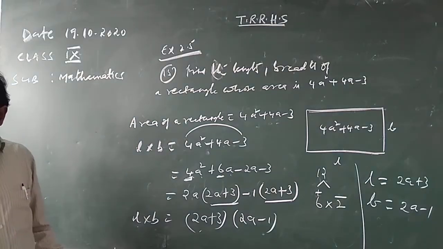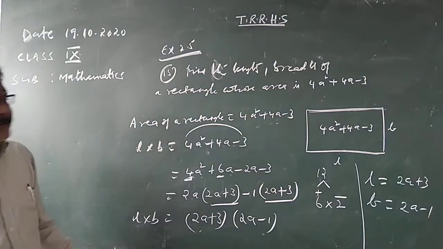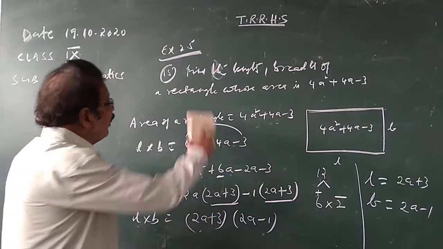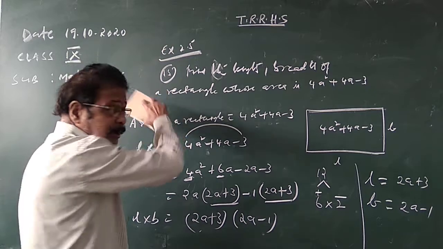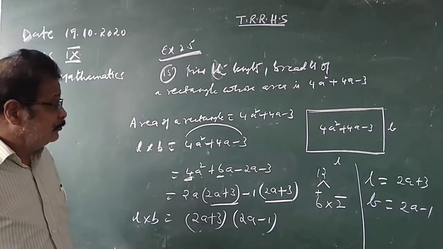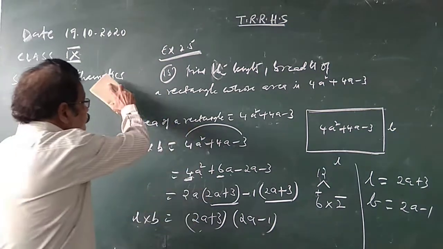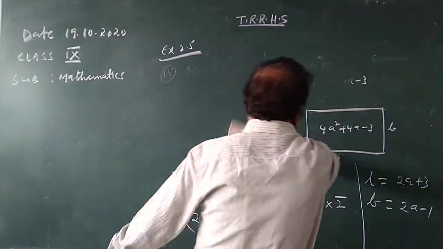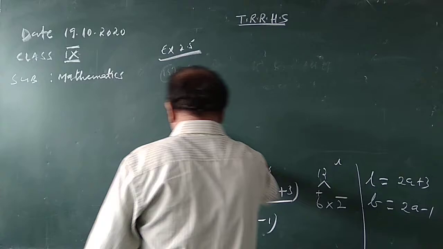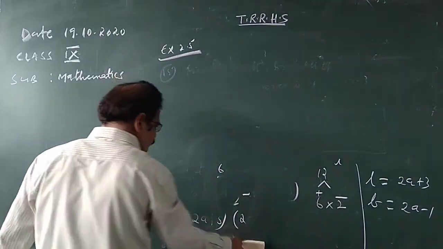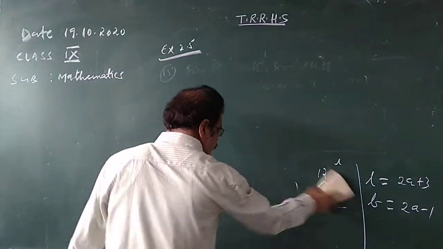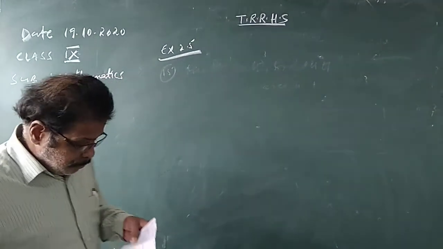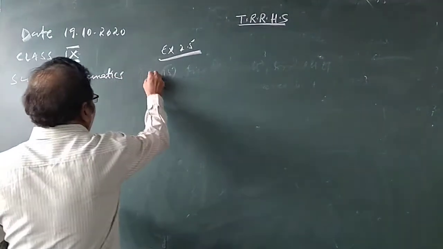So I go for the next model problem, the same exercise 2.5, the 17th problem, the most important problem. I'll explain. I hope you understood. Now, the last problem in this, the seventeenth problem, 2.5.